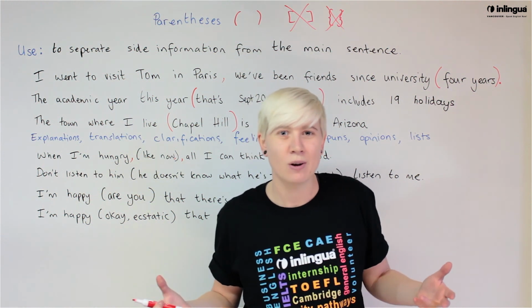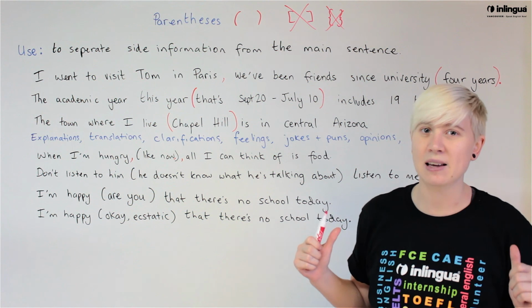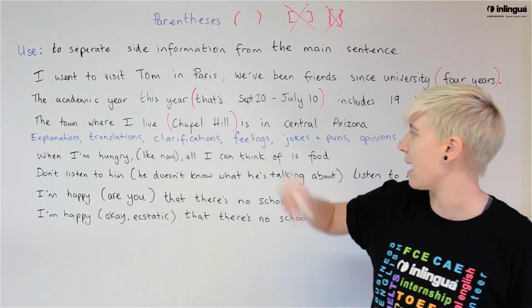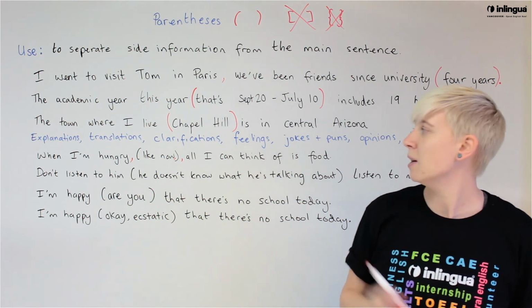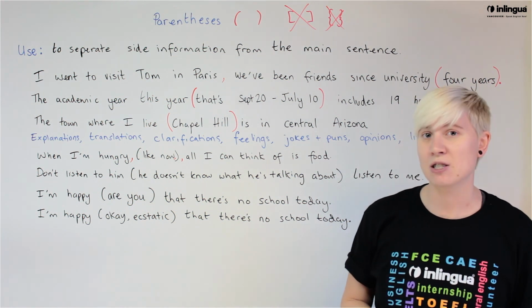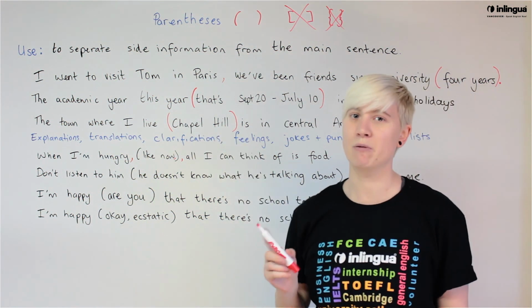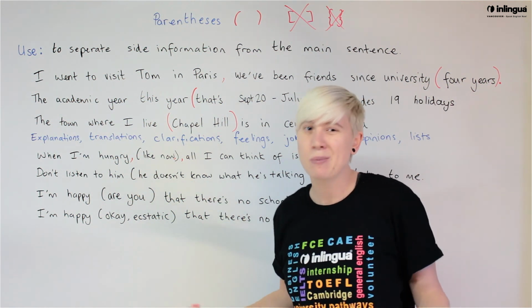Nobody needs to know what the name of the town is. The point of the sentence is the town where I live is in central Arizona. We don't need the name, we can take it out without changing the meaning. And that's not a problem at all. Okay? The town where I live is in central Arizona. That is the point of the sentence. This, bonus information. Okay? We can include it and it tells us more, but we don't need it.